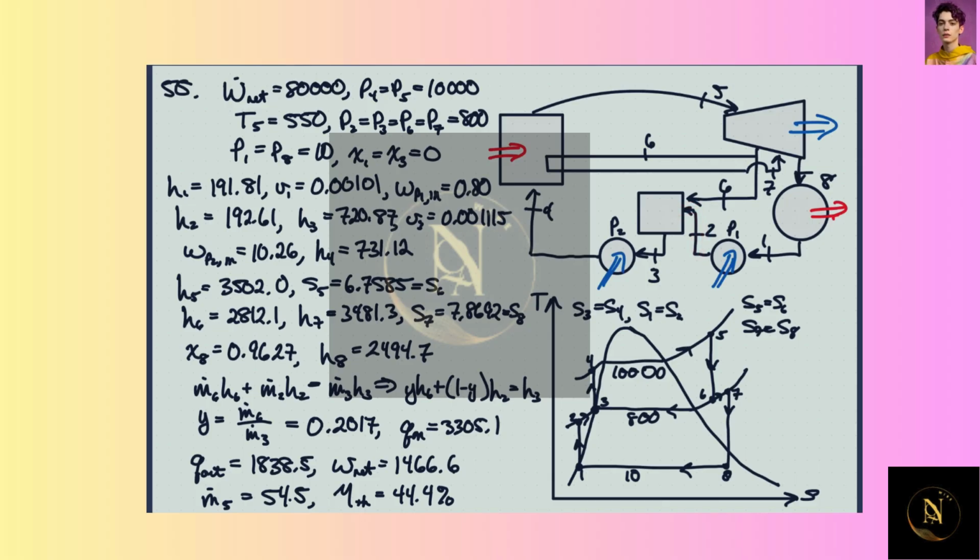It goes into this open feed water heater, and we mix it with some of the steam that came out of the high pressure turbine. And so we mix that in this open feed water chamber. Then we take that and we pump it back up to the boiler pressure, which in this case is 10 megapascals.